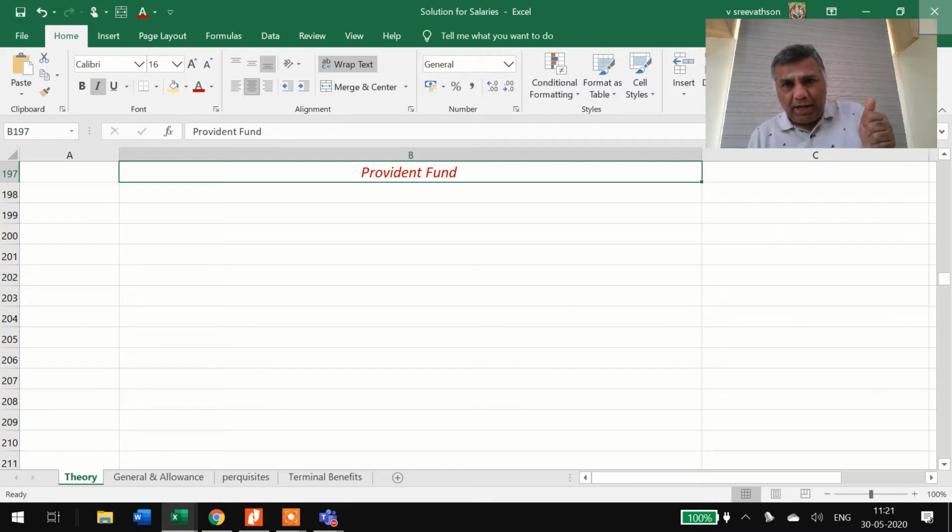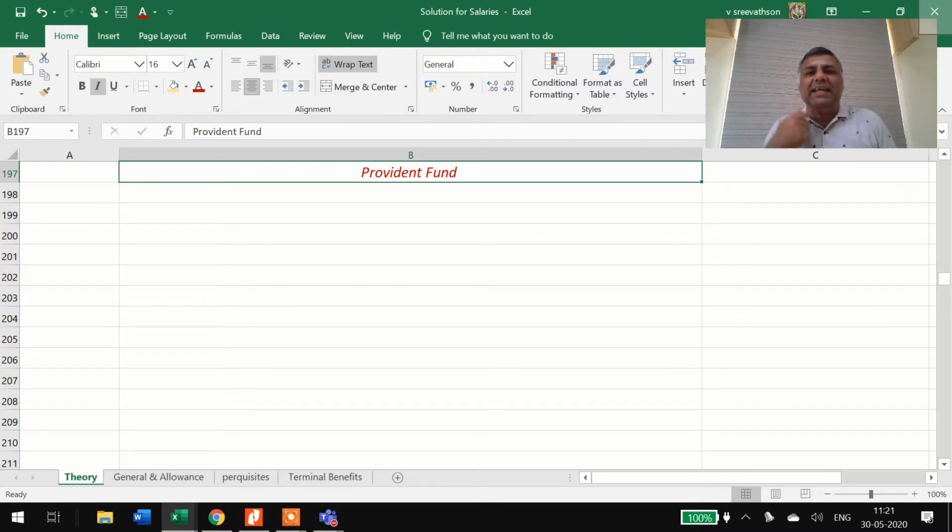The employer deducts a percentage from employee's salary and deposits it in the Provident Fund account of the employee. A matching, which means equal contribution, is made by employer.